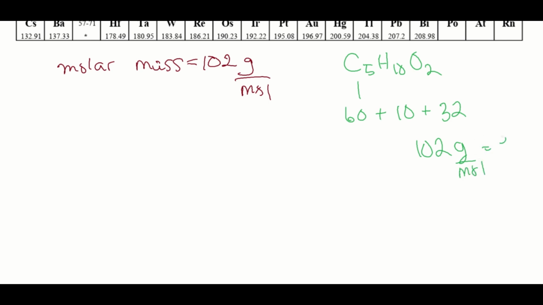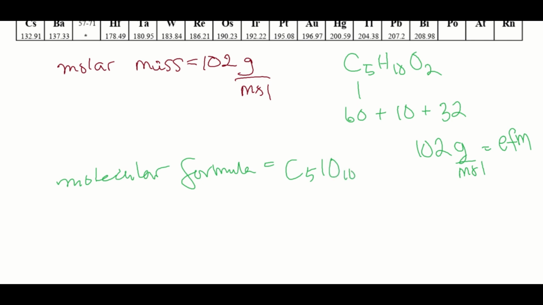And that's going to be your empirical formula mass. And notice it goes into it one time. Therefore, the empirical formula is equal to the molecular formula. So the molecular formula is the same as the empirical formula, C5H10O2.